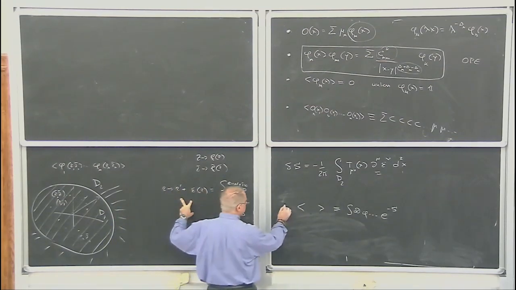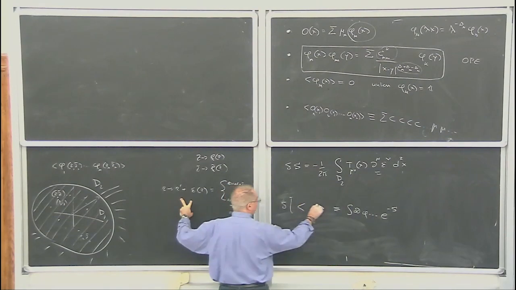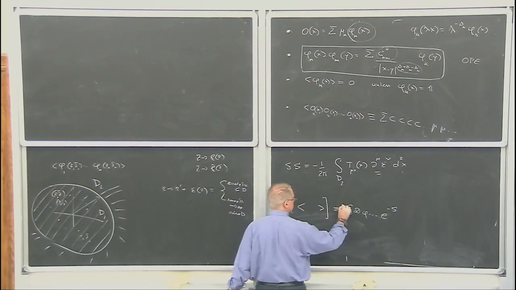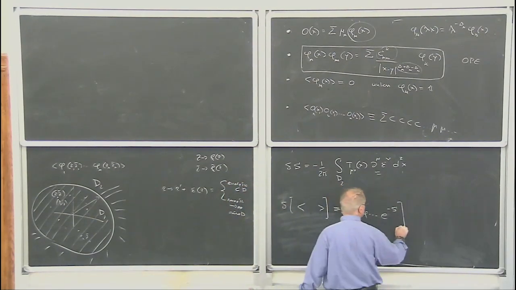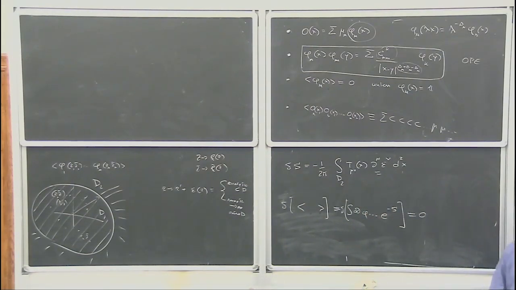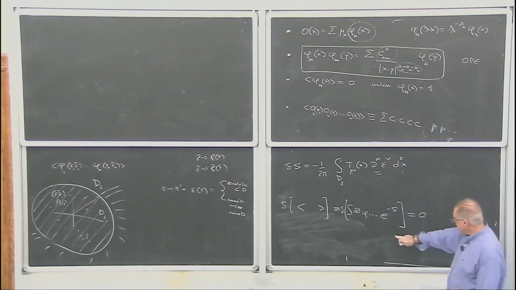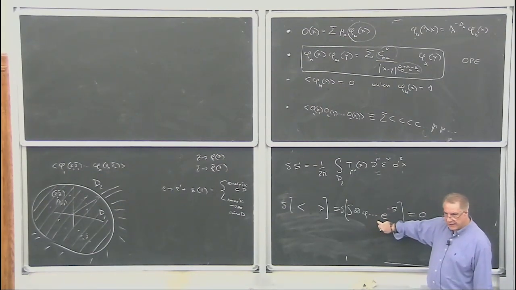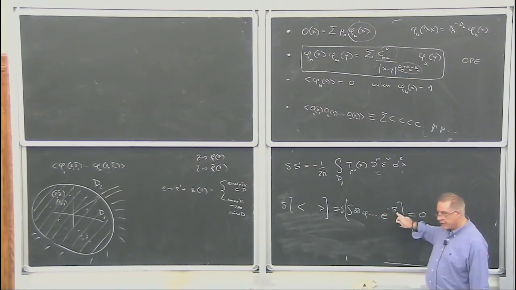So the variation of your correlation function has to be rigorously 0, because you're not changing anything. Any point that was before is a new one. However, the variation now is made of two terms. There is a variation of the fields which are inserted here, but there is also a variation of the measure.